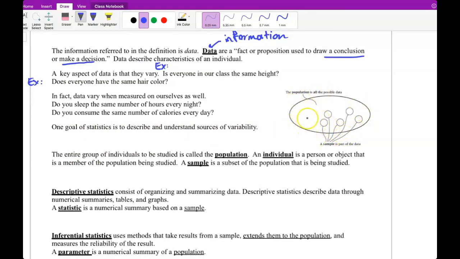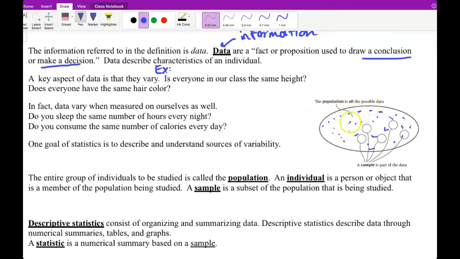Okay, what we have here is this part, which is the population. Whatever you have inside this part, all these members here inside this part are the population. So population is all the possible data that we have here.